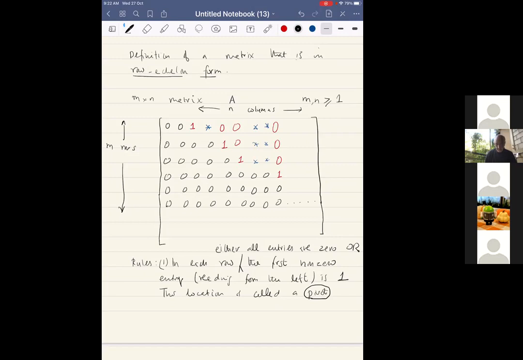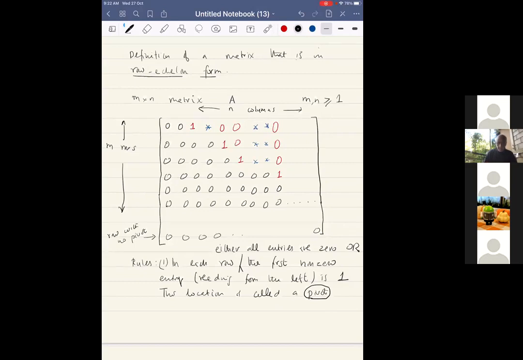That may or may not happen, but here is a row with no pivot. There is a reason I'm putting that row at the bottom. That will become clear when I give you the other rules of recognizing a matrix in row echelon form.